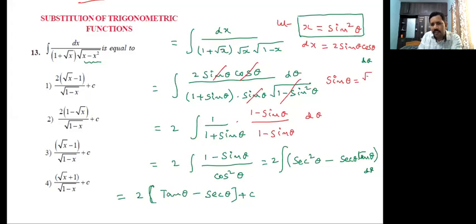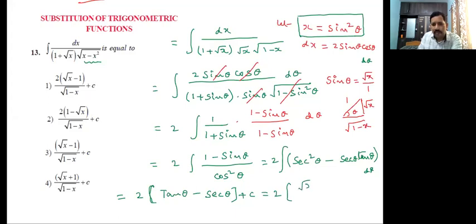root x. Root x we can write as root x by 1. Now take the right angle triangle. Sine theta means opposite side over hypotenuse. Next, this side is under root (1 minus x). Now substitute the values, we get the answer. That is 2 into, what is tan theta?